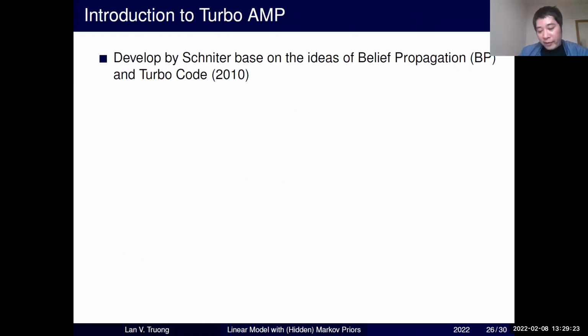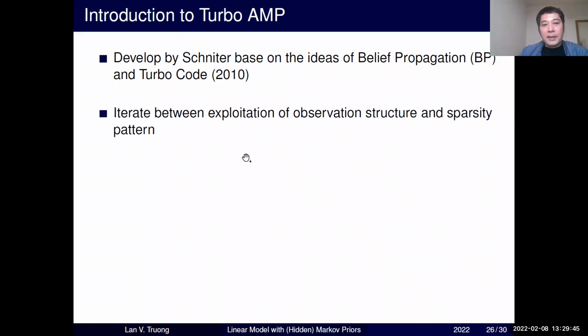To verify the correctness, we use a version of AMP called Turbo AMP. This algorithm was developed by Schniter, building on the idea of belief propagation in Bayesian inference and turbo codes in coding theory.